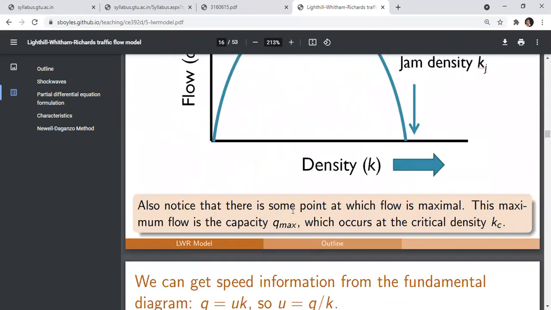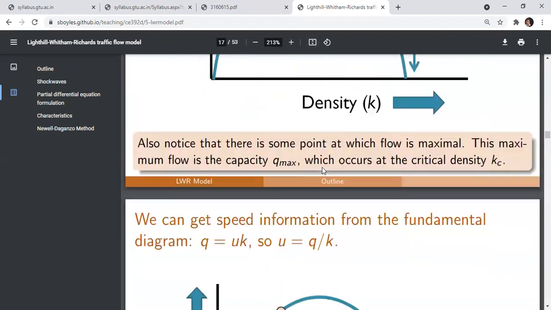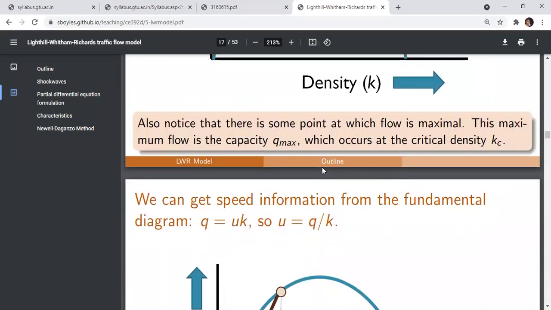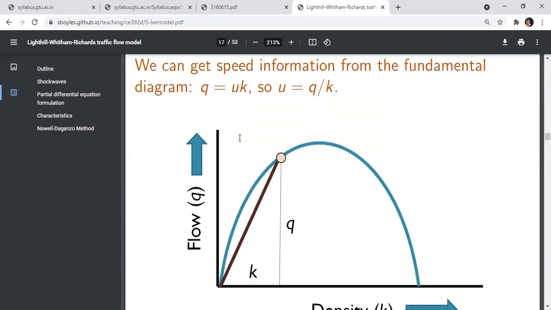Also notice that there is a point at which the flow is maximum. The maximum flow is the capacity Q max, which occurs at a critical density Kc. So this point shows the Kc, where Q is maximum. We can get the speed information from the fundamental diagram.